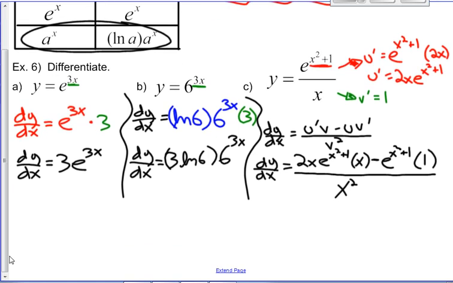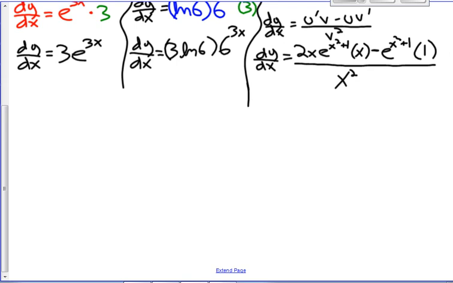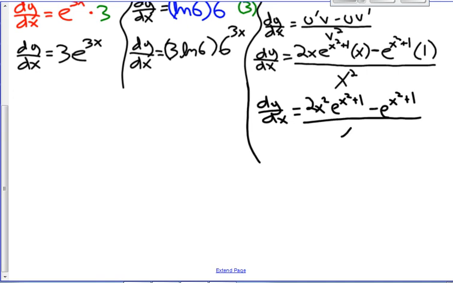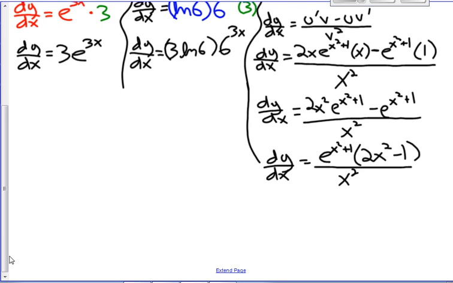Let's clean it up a little bit. So that's 2x squared e to the x squared plus 1 minus e to the x squared plus 1, all over x squared. And you're probably thinking, oh my, look at that common factor on top. Wouldn't mind taking that out. So we will. Either this or this would be appropriate, but it is nice to see the factored form.